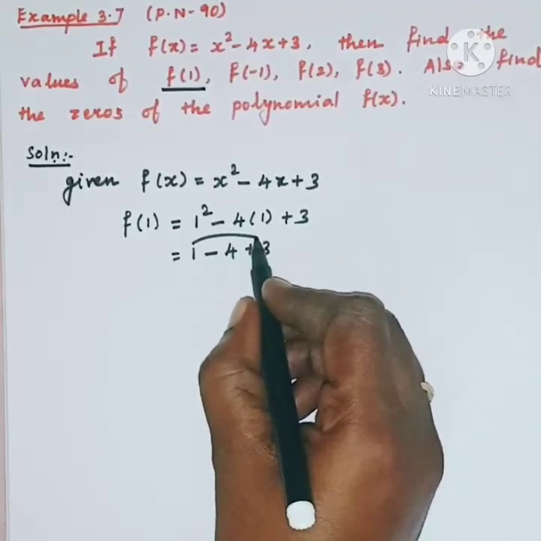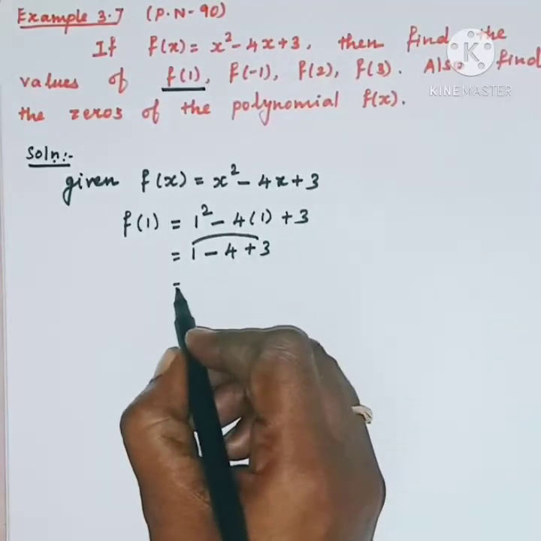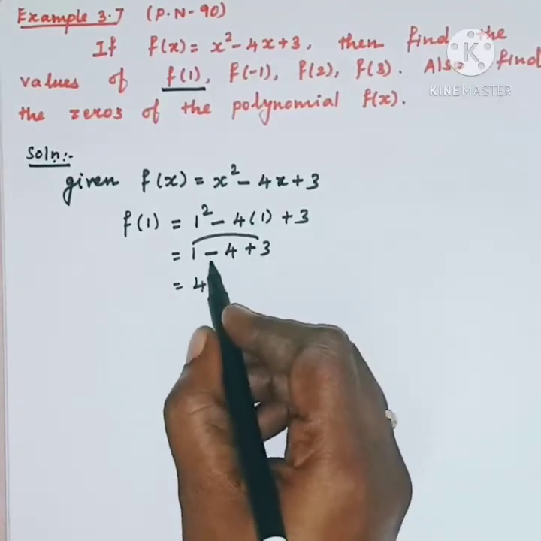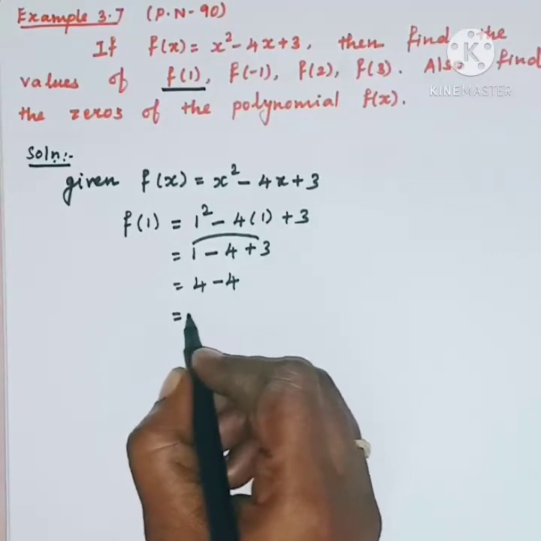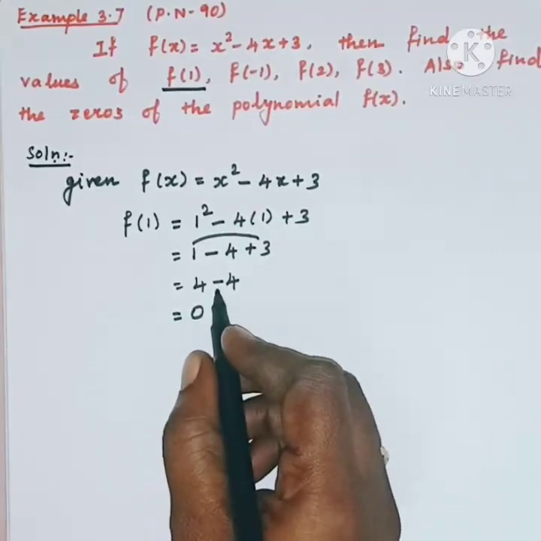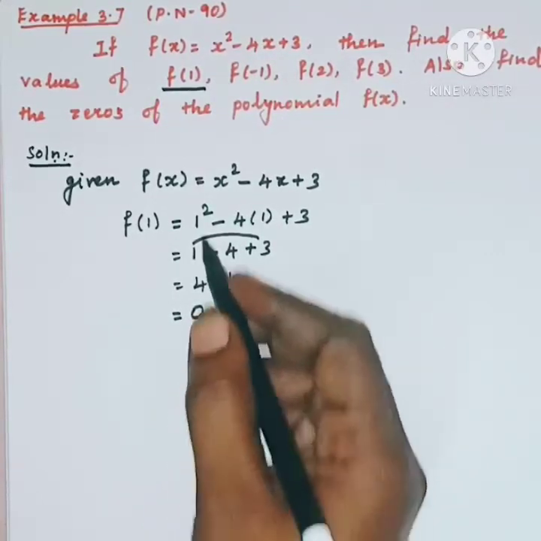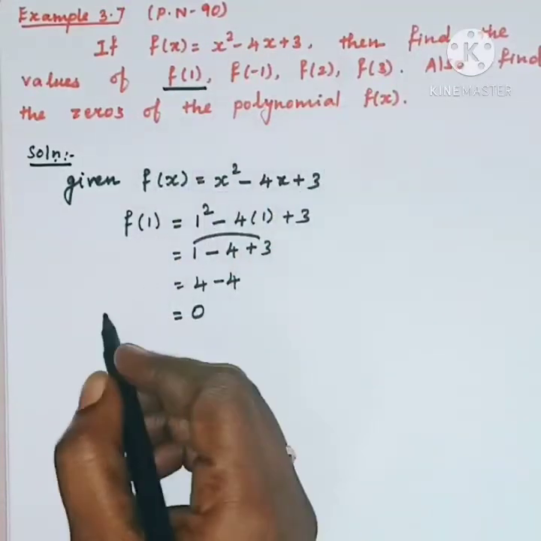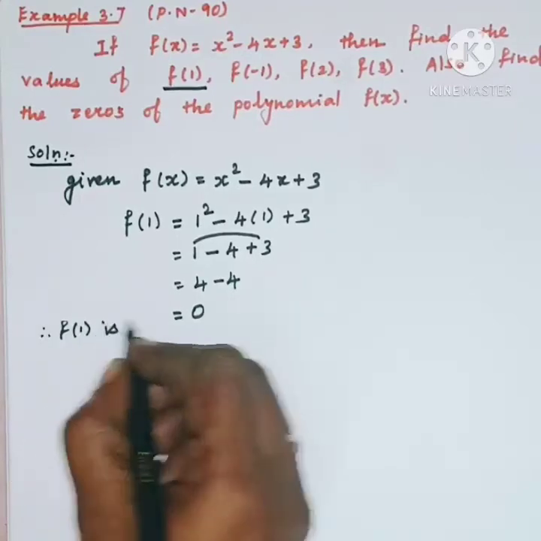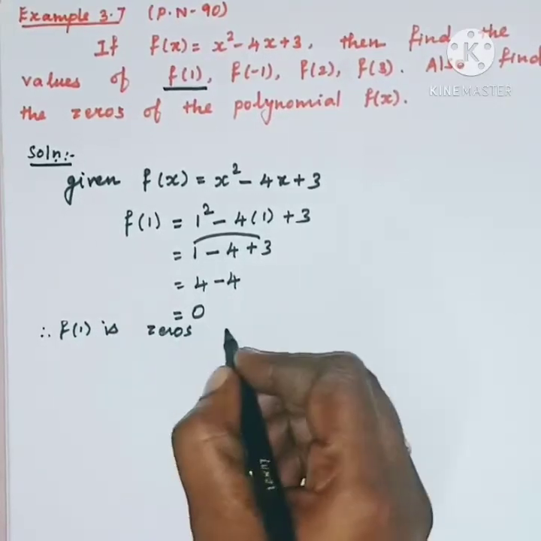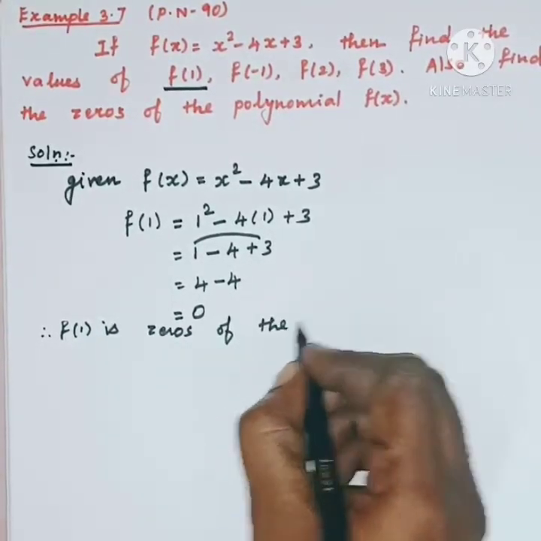Adding 1 plus 3 we get 4, and we have minus 4 here. So 4 minus 4 is 0. We got the answer 0. Therefore 1 is the zero of the polynomial.